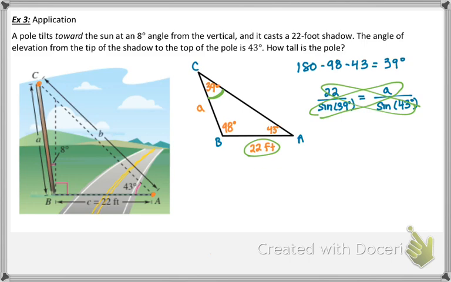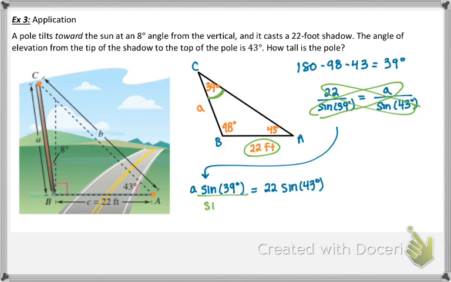So I'm going to move it down here. A times the sine of 39 degrees is equal to 22 times the sine of 43 degrees. And I'm going to divide both sides by the sine of 39 degrees to get A by itself.